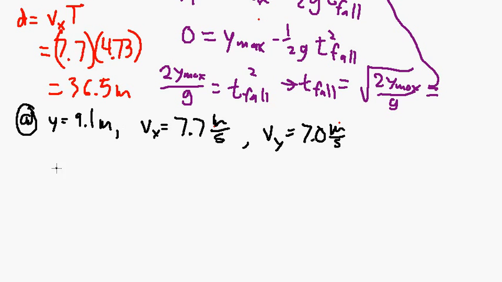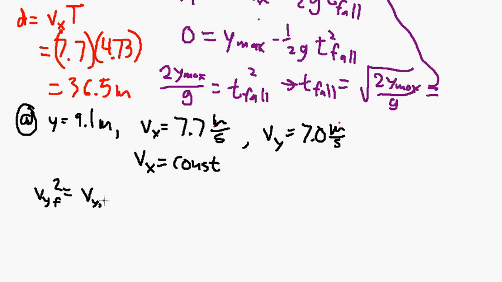So, probably the easiest way to do this, Vx is going to be constant, right? Because it's moving, that's the horizontal velocity, and the only acceleration is in the vertical direction. So, all we need to find really is Vy. So Vy final is going to be, let's use this version of the equation.